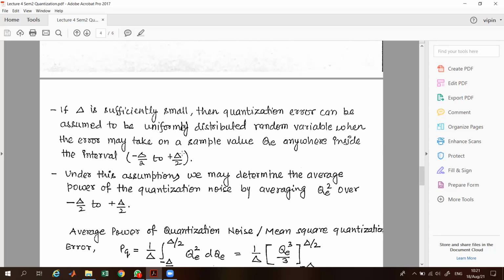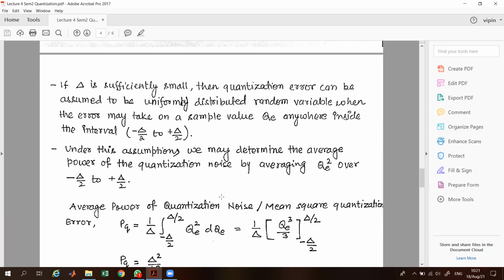So the value lies between these values, as I explained earlier. Under these assumptions, we may determine the average power of the quantization noise by averaging QE square over minus delta by 2 to plus delta by 2.